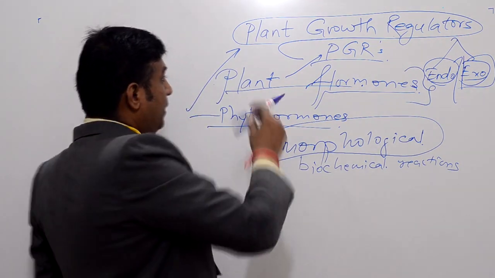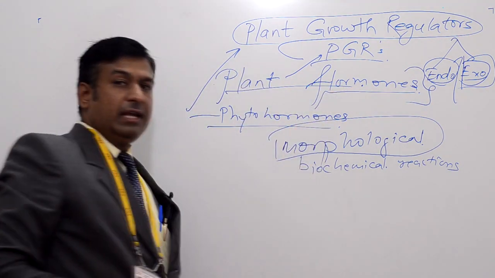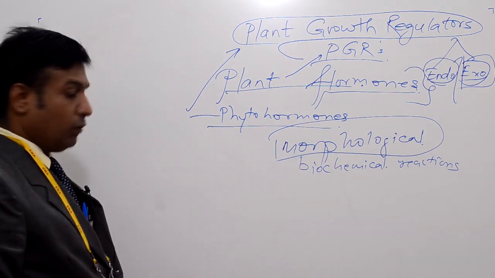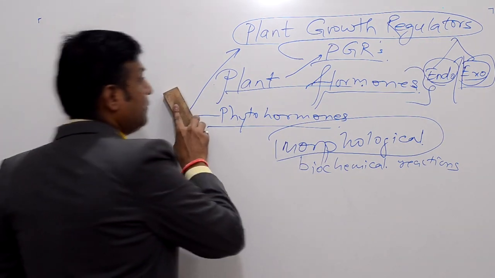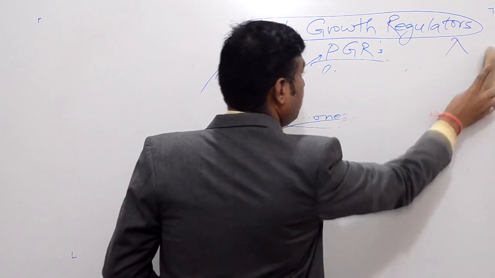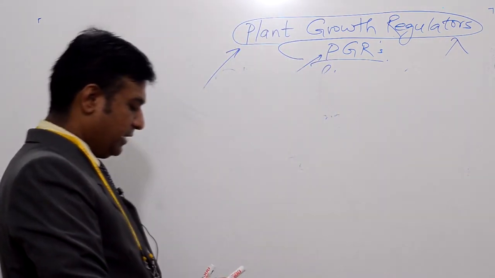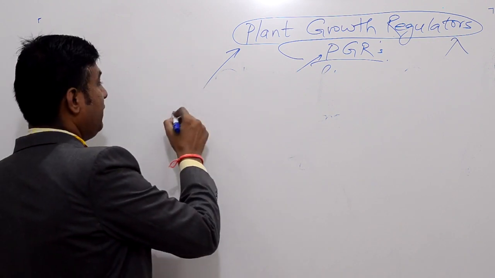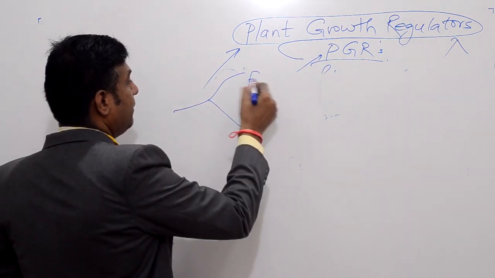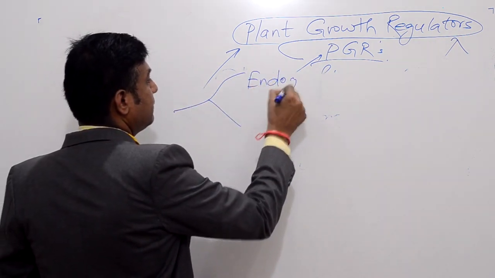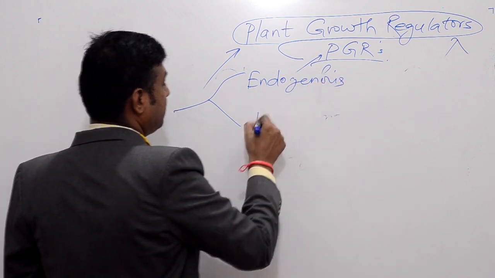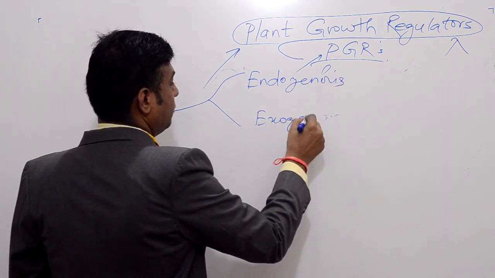If they can be classified in two ways, what are the other ways by which we can classify them? One way we have seen is endogenous hormones and exogenous hormones.